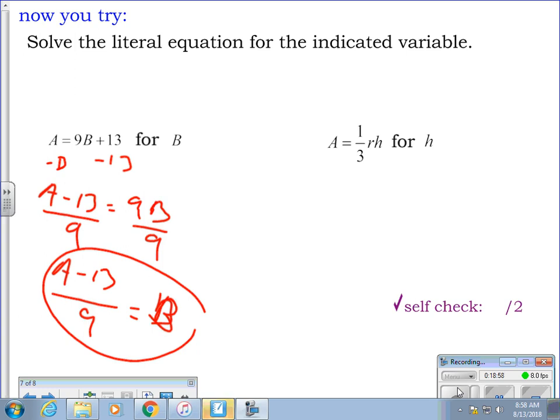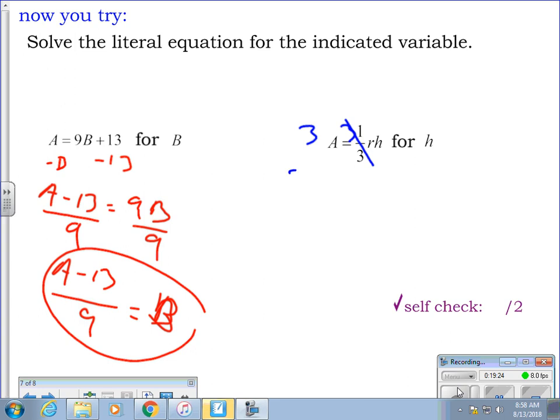Questions? And on this one, same idea as that. Get h by itself. Once again, if I have several things in there, if I have a fraction, I want to get rid of the fraction first. I like to do that no matter what. Whenever you have fractions, get rid of them, multiply everything by the common denominator. In this case, that's 3. So multiply by 3.